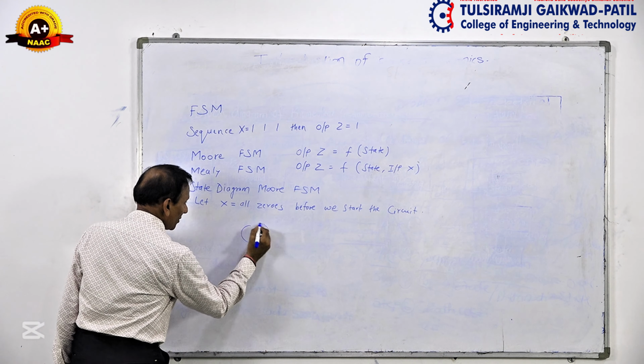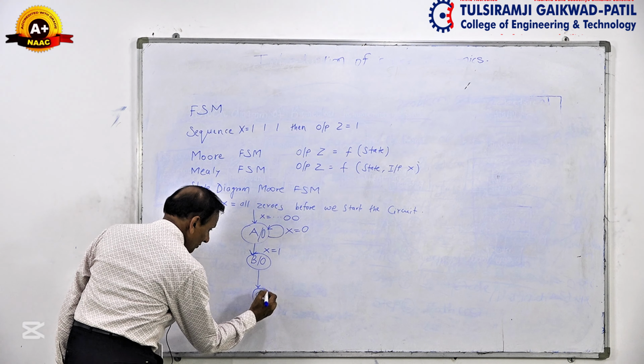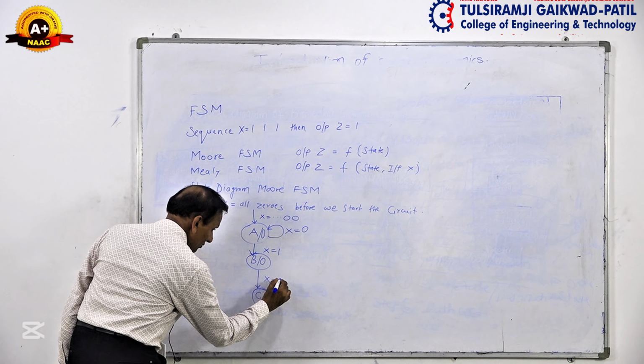Let us say this is our first one, and in state A output is 0. Now, the machine will go to state B with output 0, as we have got only the first input X equal to 1. The machine will advance to the next state C with output 0 for another X equal to 1.